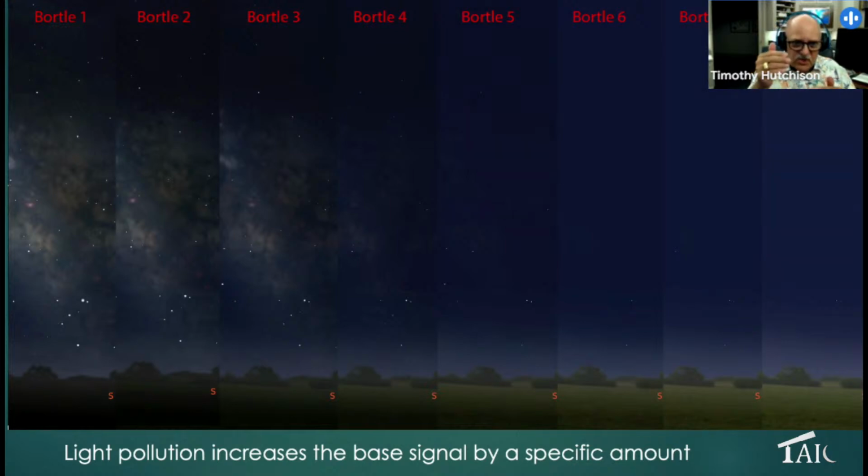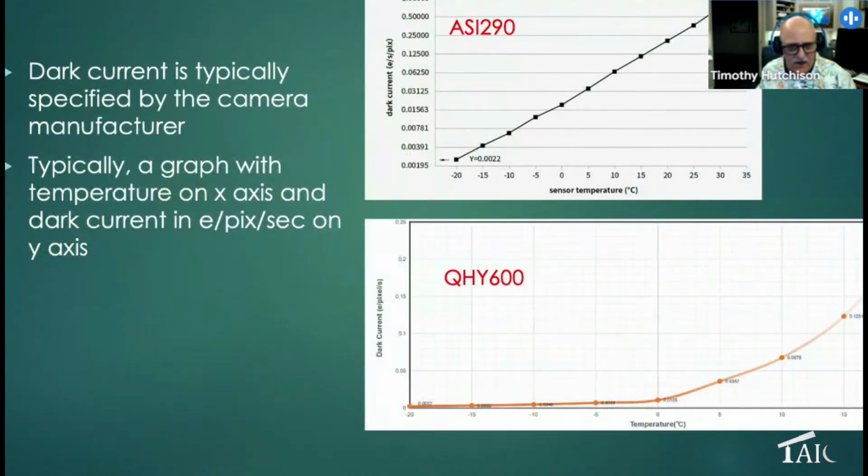Well, we have a certain amount of light that's impacting the sensor, and we're adding a certain number of electrons per pixel per second into our image, right? Because we have that incident light coming from light pollution that's impacting our sensor. And it's obscuring our thermal signal, of course, but it's also elevating our base signal by a certain amount. Sounds a whole lot like what we talked about with dark current here, doesn't it?